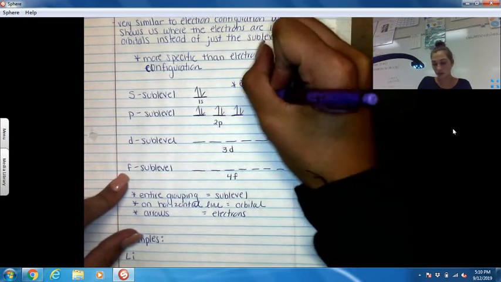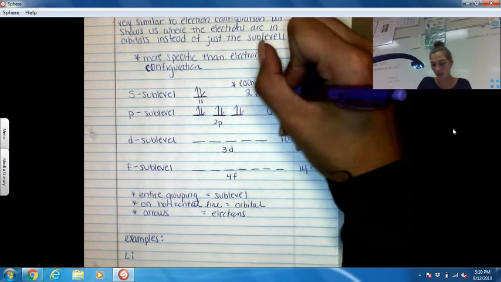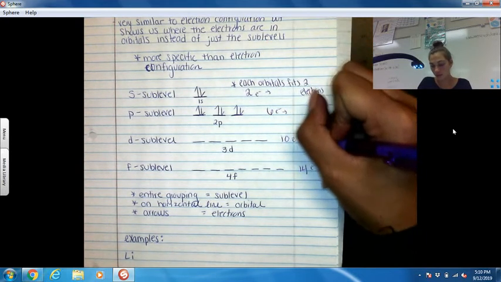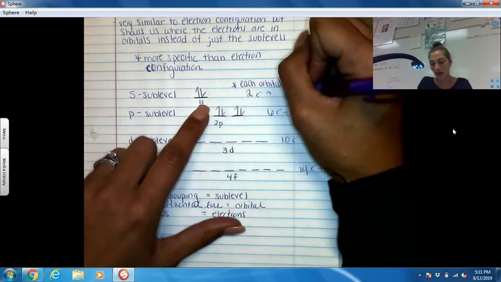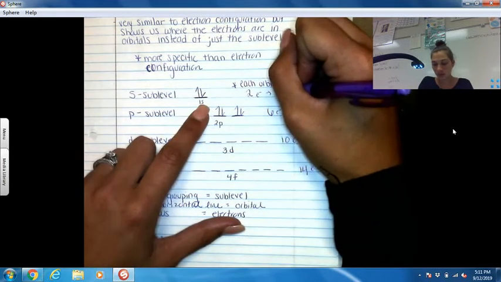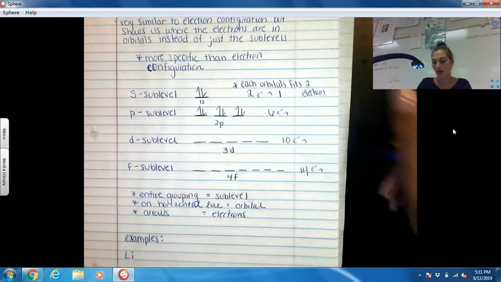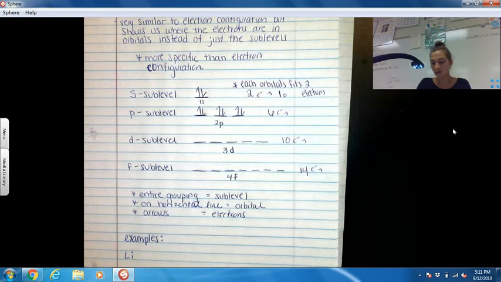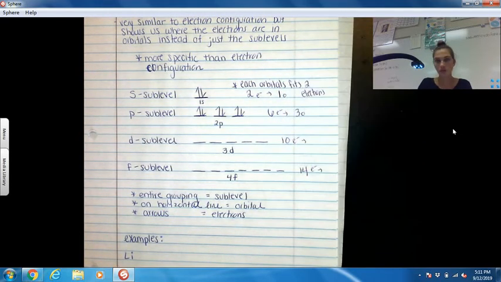So these are electron numbers. And then if we're thinking about our orbital numbers, we divide that by 2. So all of our S sublevels will only have 1 orbital. All of our P sublevels will have 3 orbitals.